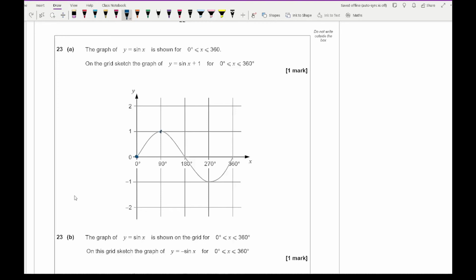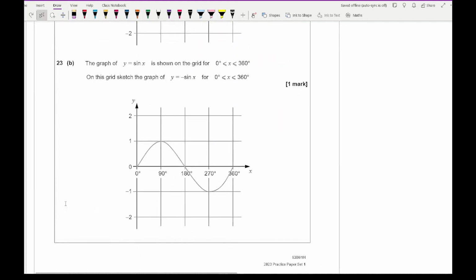So if I highlight the key points of this graph, I'm going to add 1, going one place up, so that becomes there, that becomes there, that becomes there, that becomes there, and that becomes there. Then all I need to do is join those points as best as I can. I'm going to label that as y equals sine x plus 1.